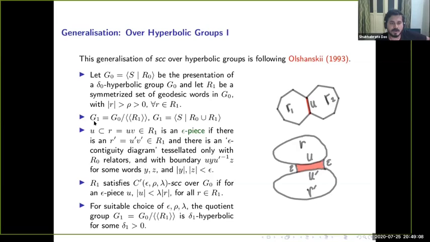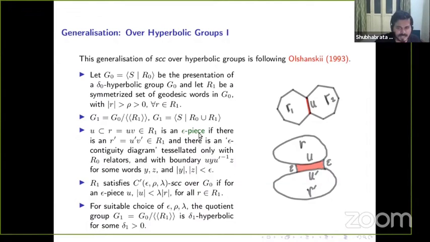So now Olshanskii is suggesting that we will be taking a quotient of G naught by the normal subgroup generated by R1. That is, G1 is generated by the same S, and the relators are more: R1, not union.